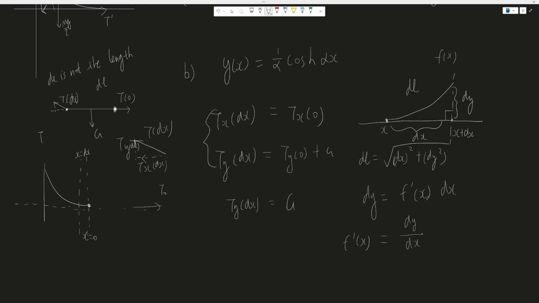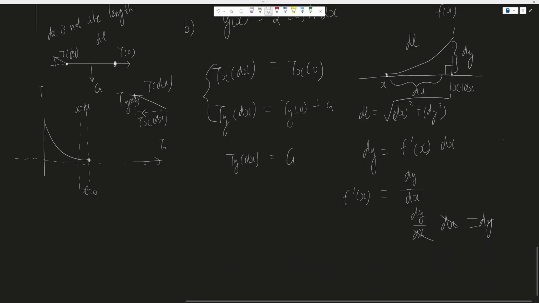So then the change in dy will obviously be this times dx. And also it cancels because dy over dx times dx is just dy, right? So then now we have this. And just remember we have f prime of x, not f prime of x plus dx. So this x corresponds to here.